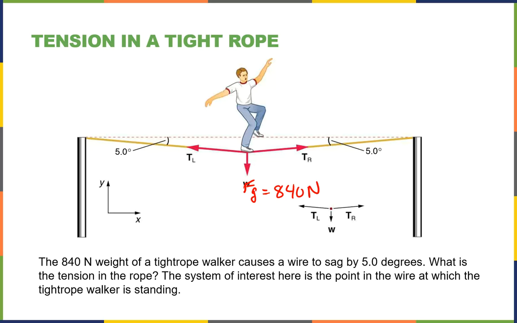Weight is the force due to gravity. Mass is the amount of stuff present. And so the weight is proportional to the acceleration of gravity and the mass. And then he's on a tightrope with the ropes making a 5-degree angle on both sides. And it asks us, what's the tension in the rope?